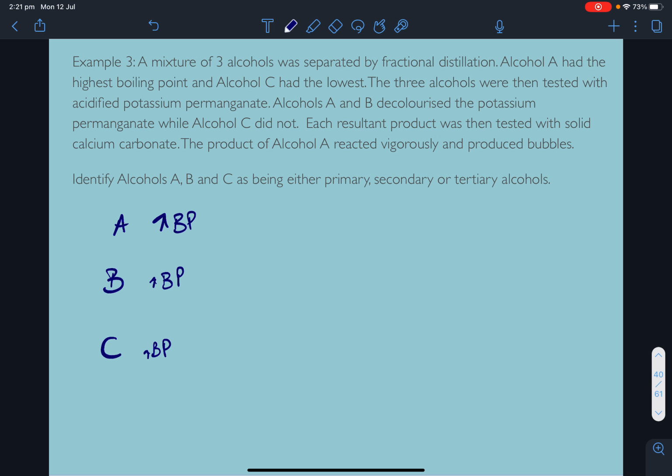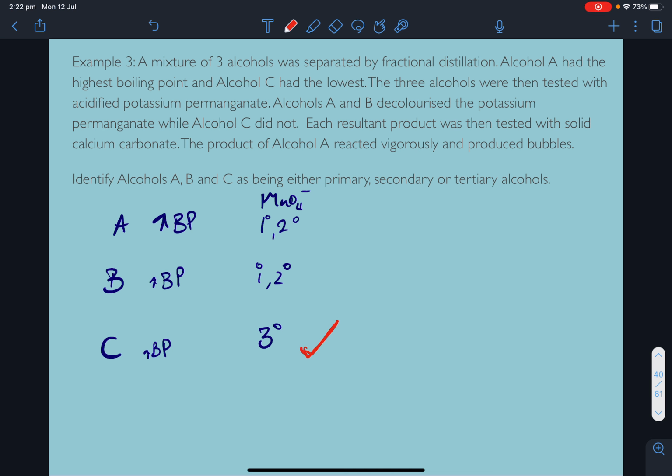A and B decolorized the permanganate, so they were either primary or secondary. C did not, so it must be the tertiary. Okay, so we've solved that one. Let's put a tick there to feel a bit of achievement.